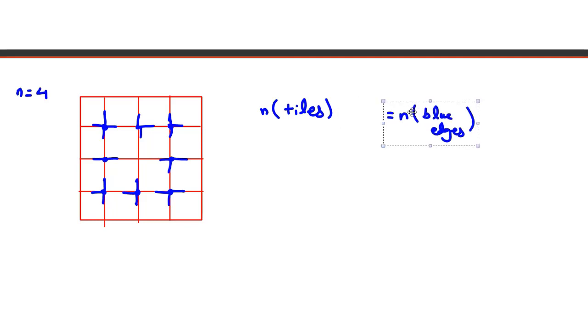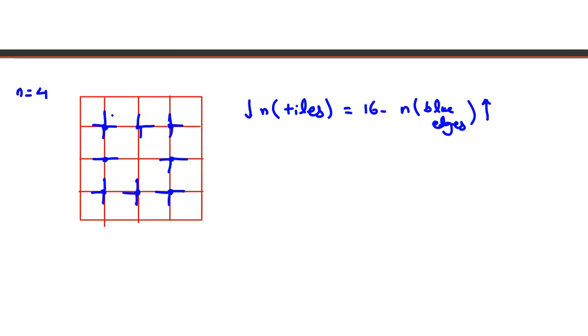So we know that the number of tiles is equal to, let's consider these things here, blue edges, we call it blue edges, 4 squared minus the number of blue edges. Okay, 16 minus the number of blue edges.